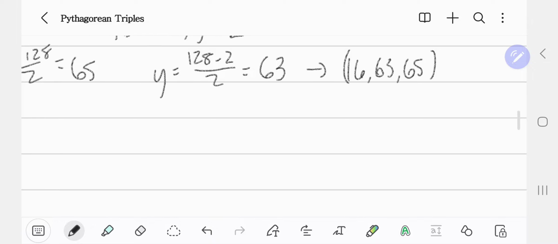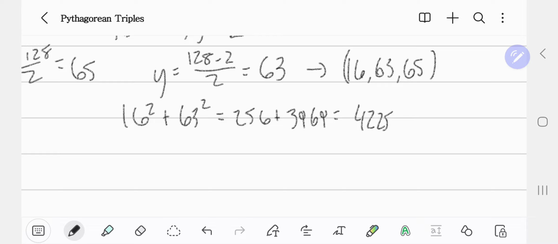If we check that, we get 16 squared plus 63 squared equals 256 plus 3969, which is 65 squared.